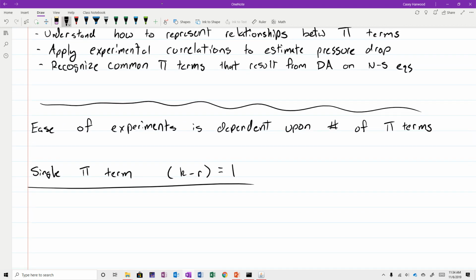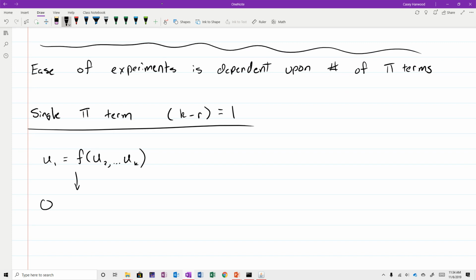In this case, we go from u1 equals some function of u2 through uk. By applying the method of repeating variables, we end up with pi1 equal to some function of nothing. And we'll do an example here in just a second.